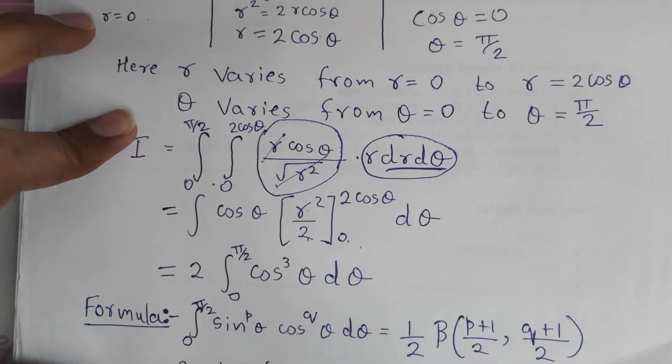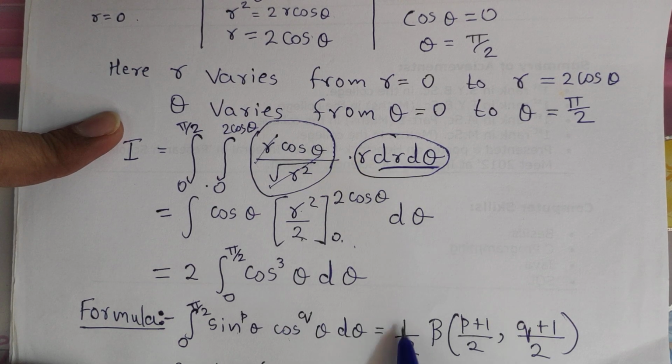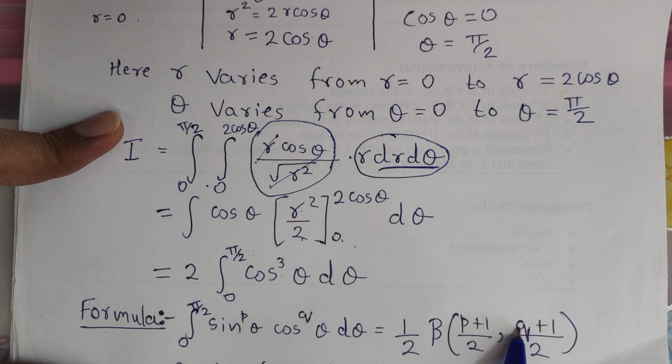So we have the formula in beta function, that is integral 0 to pi by 2 sin raised to p cos raised to q d theta is 1 by 2 beta of (p plus 1) by 2, (q plus 1) by 2. So here there is no sine term, so the value of p is 0 and we have cos raised to 3, so the value of q is 3. So p is 0, q is 3.